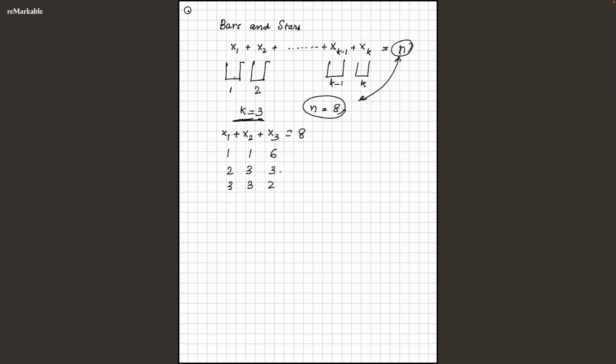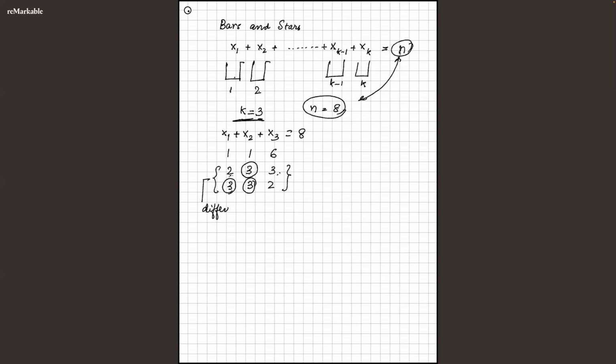Remember, 2, 3, 3 is different from 3, 3, 2. These are not the same for the simple reason that in 2, 3, 3, box number 1 has 2 fruits and box number 2 has 3 fruits. On the other hand, here box number 1 has 3 fruits and box number 2 has 3 fruits. These are different.